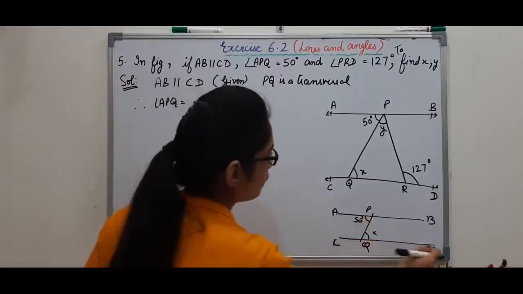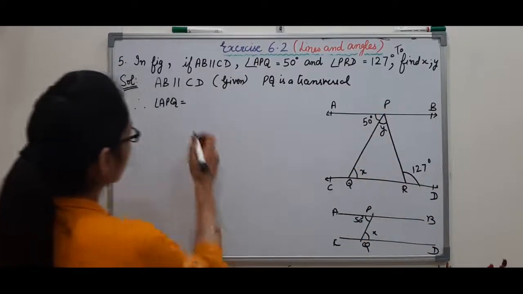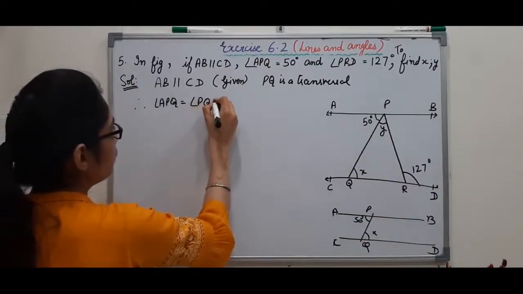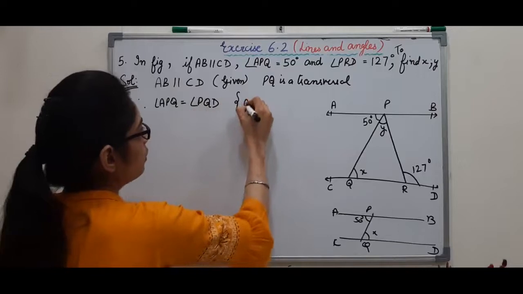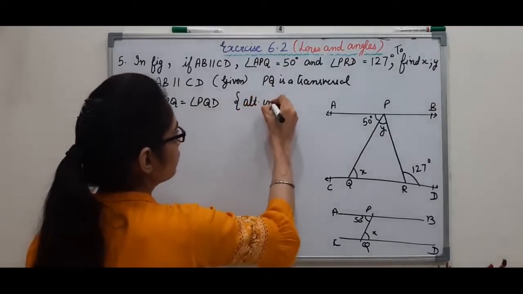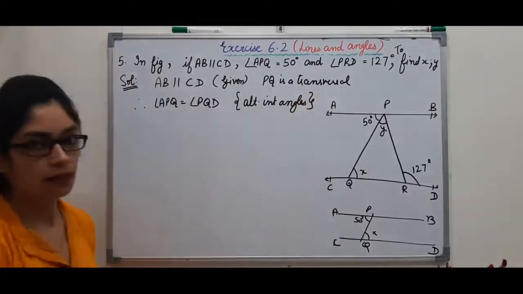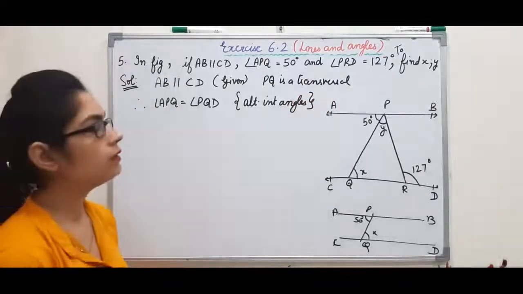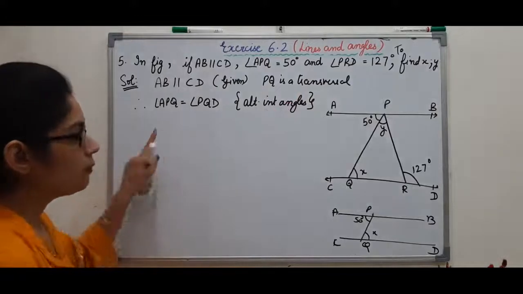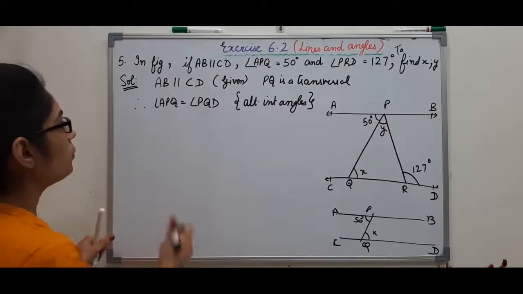See, PQD, this one, angle PQD. The reason we can mention is alternate interior angles. These two angles are forming a pair of alternate interior angles, and alternate interior angles are equal to each other.